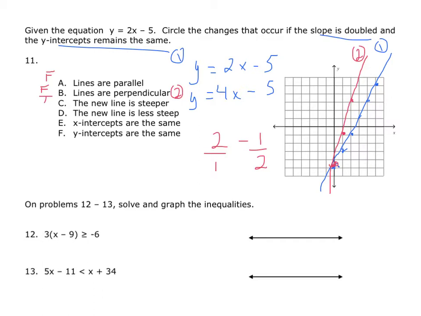D says the new line is less steep. Well, we just said it's steeper, so that's going to be false for D. E says the x-intercepts are the same. Well, when I look at the graph, I see an x-intercept here, and I see one over here. So they are not the same. So that's false.